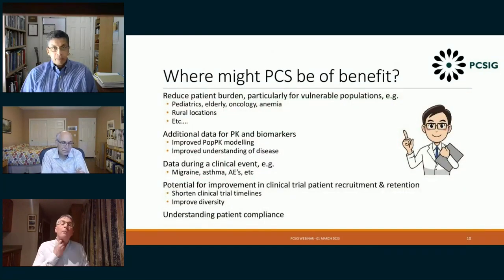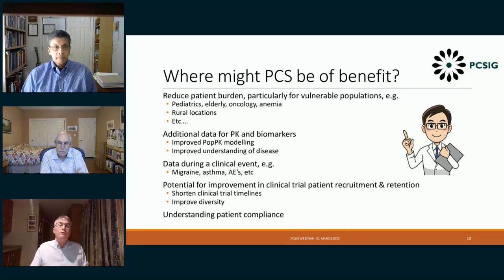So where might patient-centric sampling be of benefit? We really want to, as we're talking about, reduce the burden to the patient, particularly vulnerable patient populations. And today we're going to be talking about pediatric patient populations, but you can also imagine elderly, oncology patients, anemia, patients in rural locations.